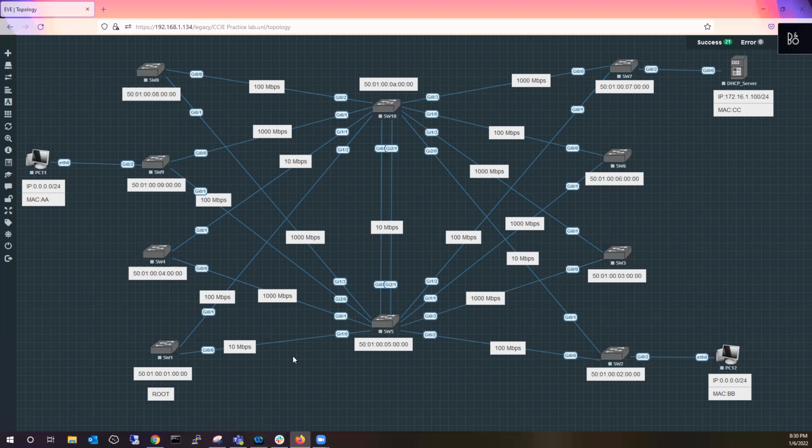Well, the cost is how fast it's going to traverse the link. But they both have 10, 100, and 1,000 megabits.